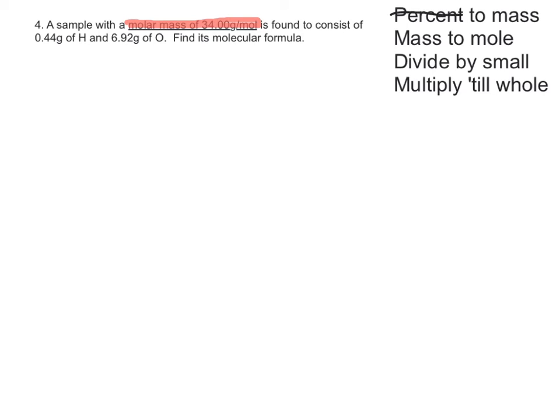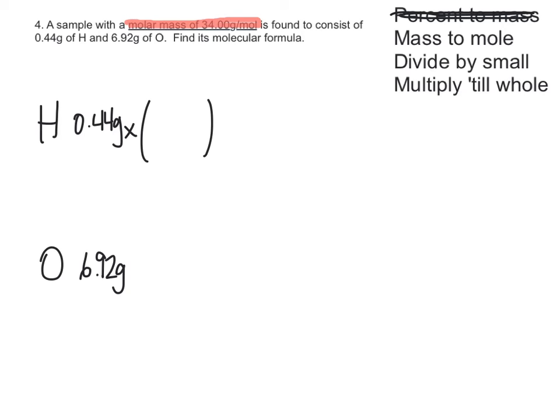And I can skip step 1 because the mass is already given. So hydrogen and oxygen, I have 0.44 grams of hydrogen, and I have 6.92 grams of oxygen. I want to do step 2, convert mass to moles. So I want my mass to cancel. So here for hydrogen, to set up my conversion factor, I'm going to put the atomic mass, 1.008 grams per 1 mole on top.